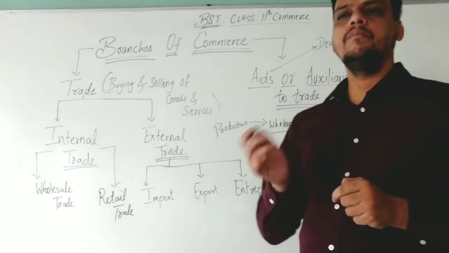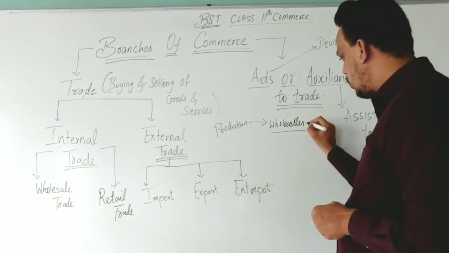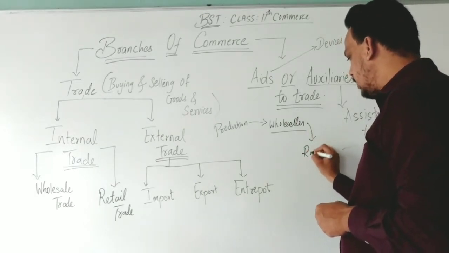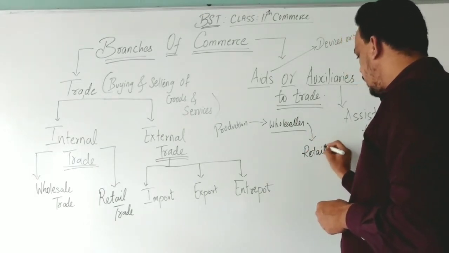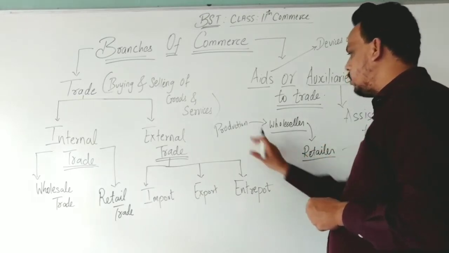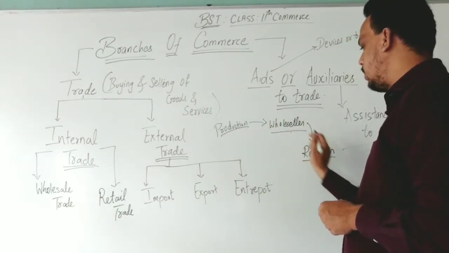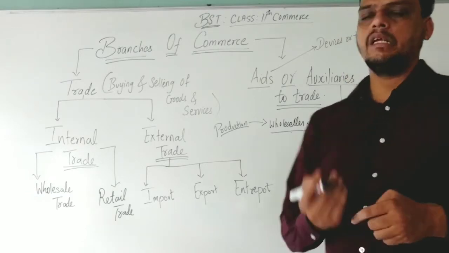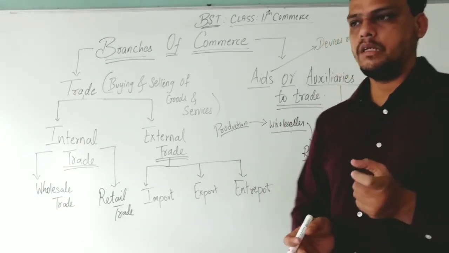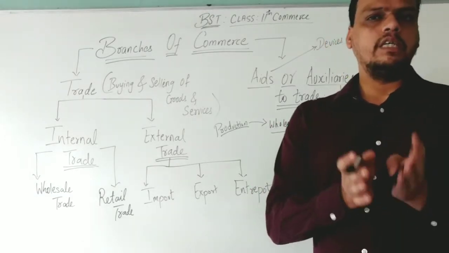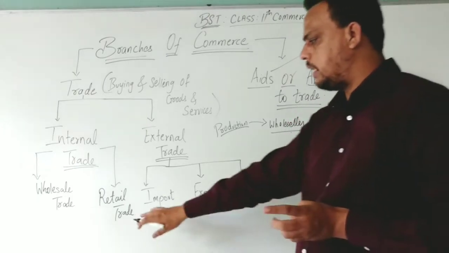Wholesaler purchases in bulk and then sells to the retailer. Retailer purchases these goods from the wholesaler. रिटेलर के पास जो गुड्स आते हैं वो लिमिटेड या स्मॉल क्वांटिटीज में आते हैं, तो वो हम लोग डिटेल में यहाँ पर पढ़ेंगे.